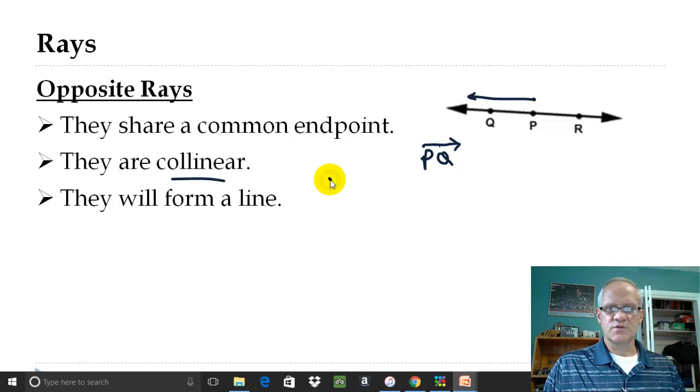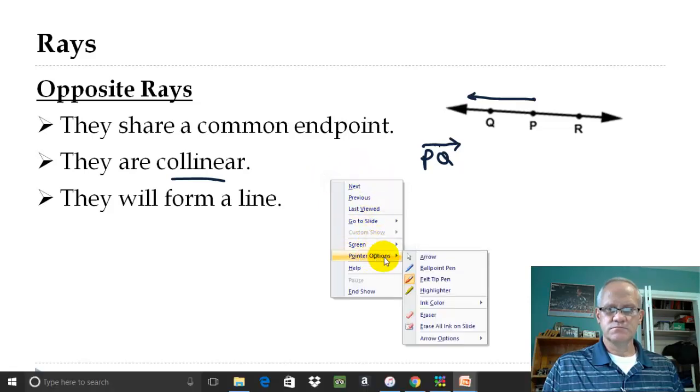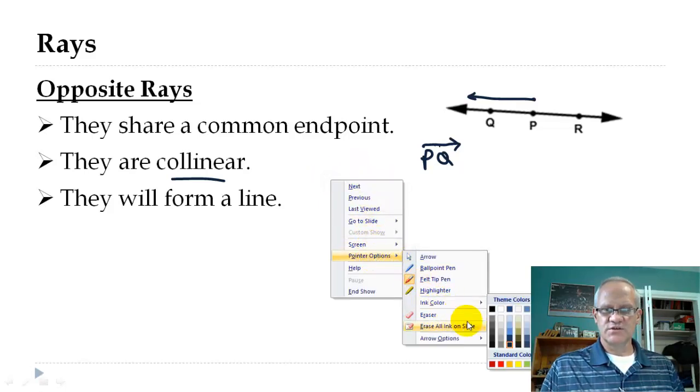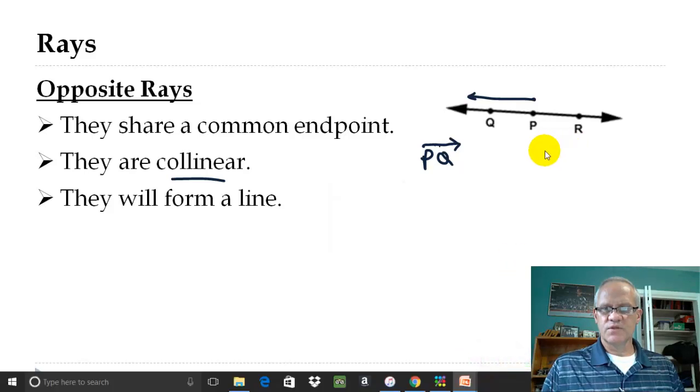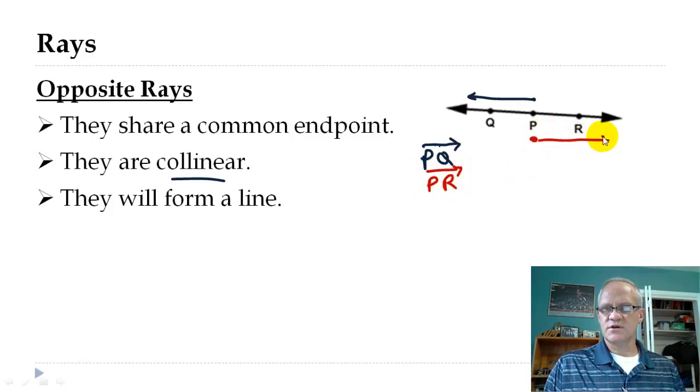I'm going to change my ink color. And so the other one is ray PR. So PR is starting there and going this way. So if you notice, ray PQ and ray PR, one goes this way, one goes that way, but they share the same point P and they make a straight line. That is called opposite rays.